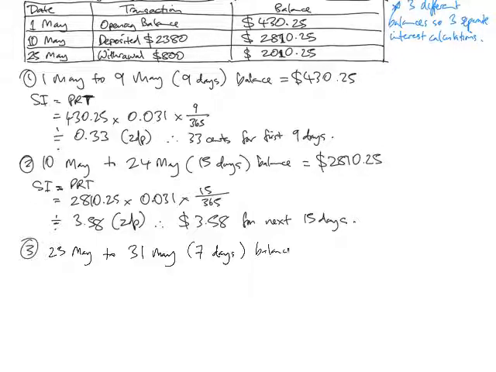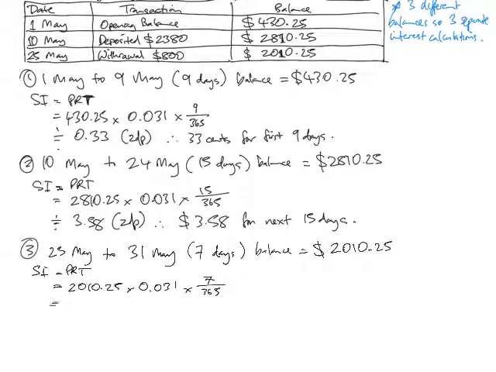Balance was, because he withdrew $800, down to $2010.25. So same formula again. $2010.25 times by the rate, 0.031, times by the fraction of days, 7 over 365.